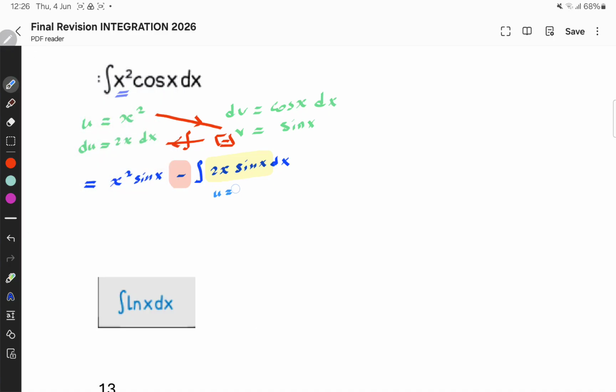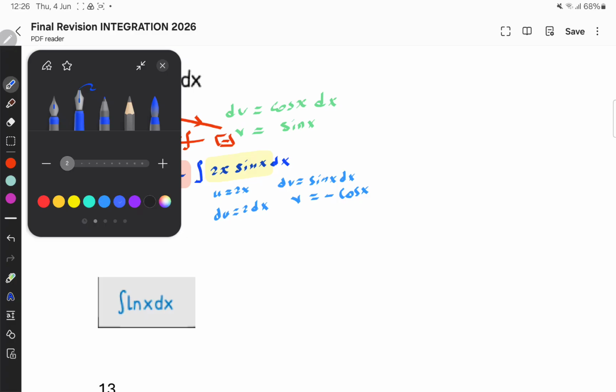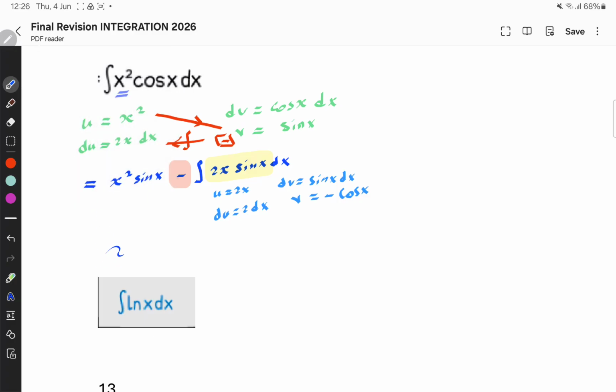So u is equal to x, dv is equal to sine x dx. So du, it will be dx, and integral of dv, v, it will be negative cosine x. So we will go back to complete from that step.